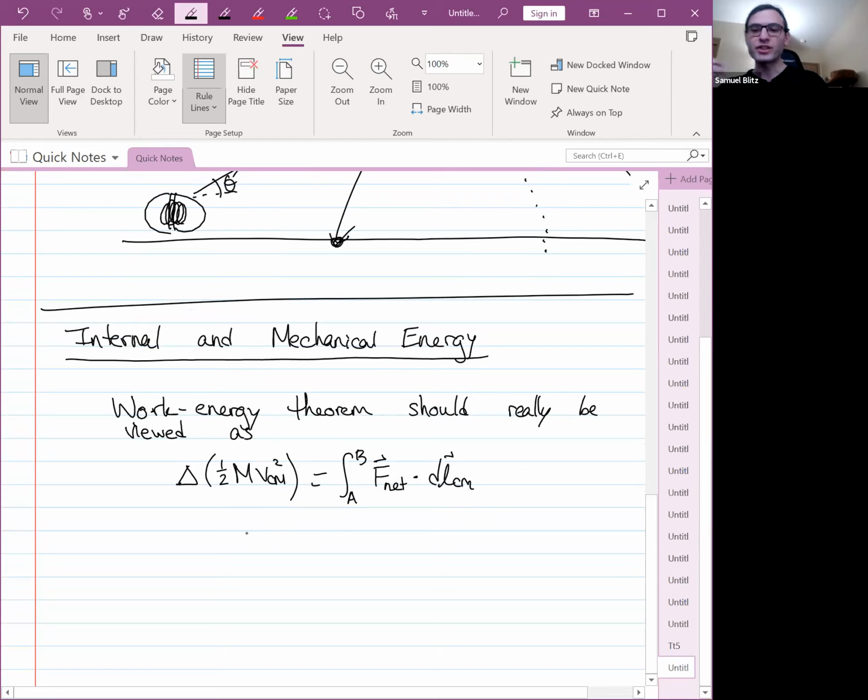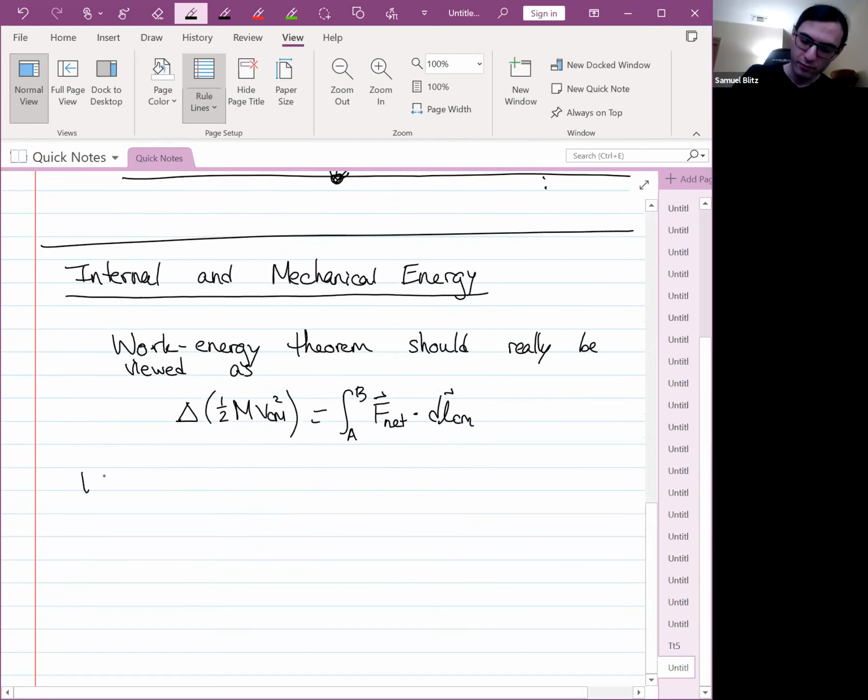So the question then is what happens if the system that we're talking about is really just a single object, and that object is made up of trillions of atoms? The best example would be, what if your system is just a single ball? A ball is really not like a point particle.